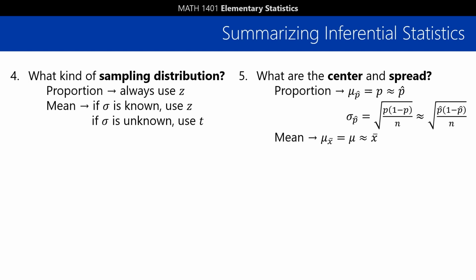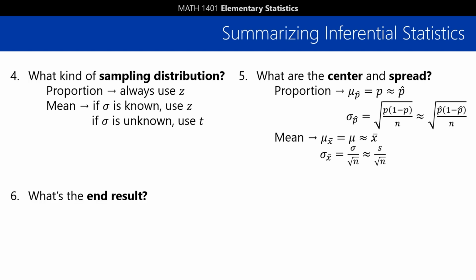With means, the sample means x bar will be centered around the population mean mu. And the standard error will be sigma over root n. Though if you don't have the population standard deviation sigma, like if you're using a t-distribution, you can use the sample standard deviation s instead as a substitute.